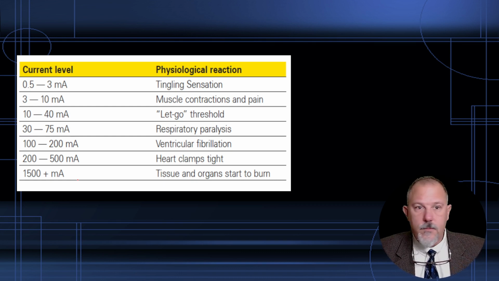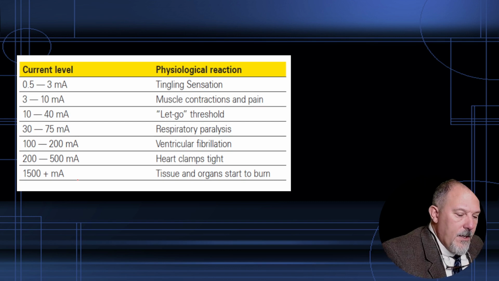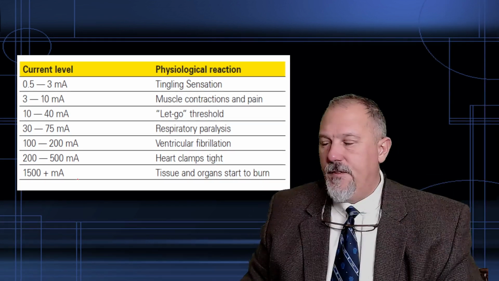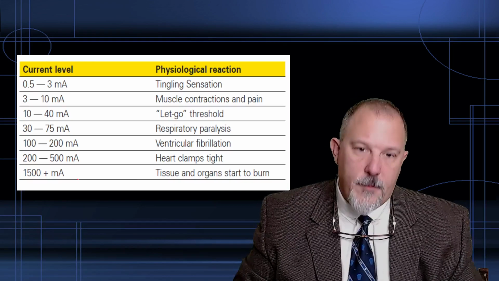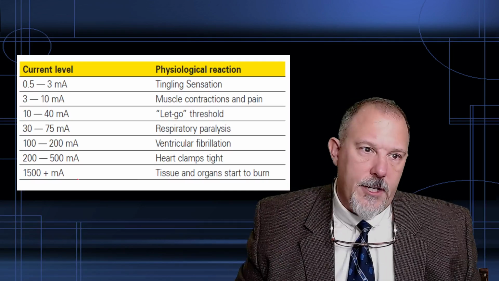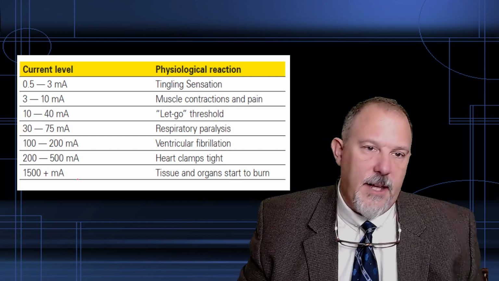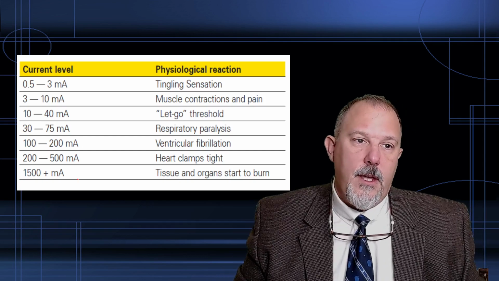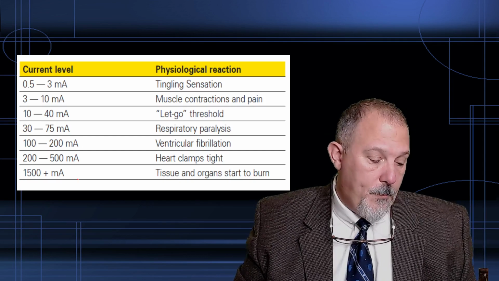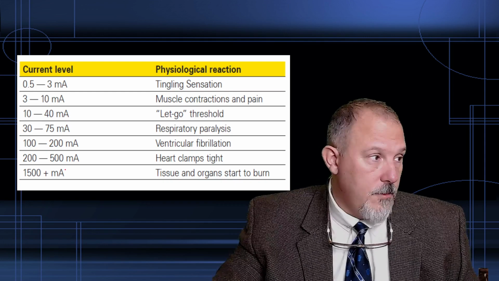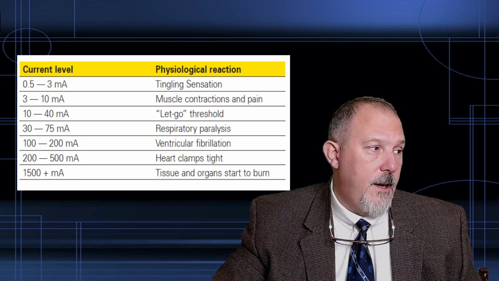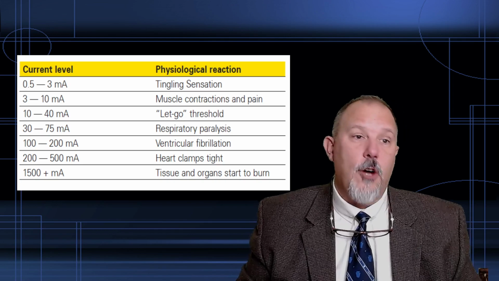Okay, so these tables that you see here, we have a lot of research behind us as an electrical industry that helps us understand this table. Now, there were a few players in the history of the electrical industry that helped us determine these.